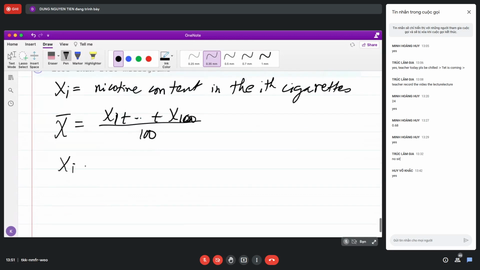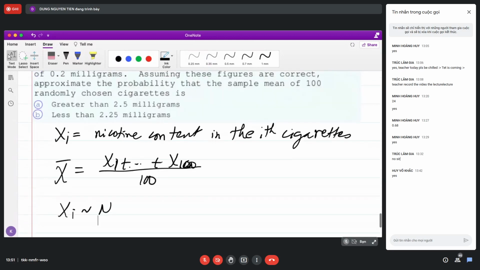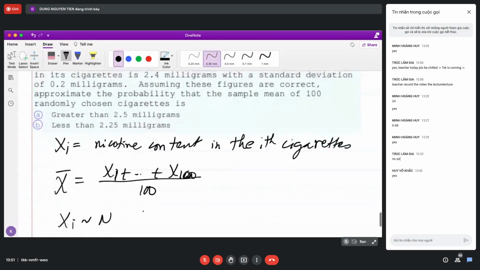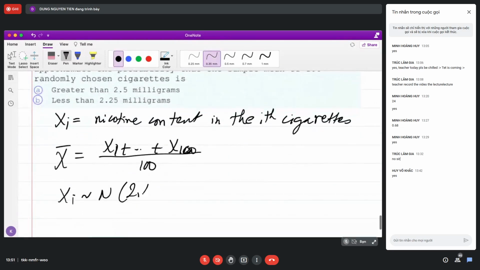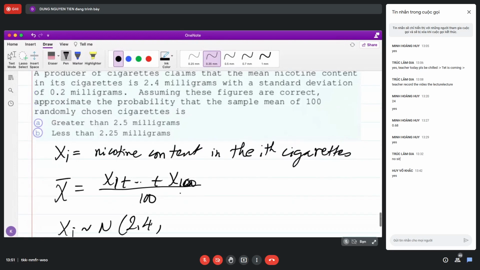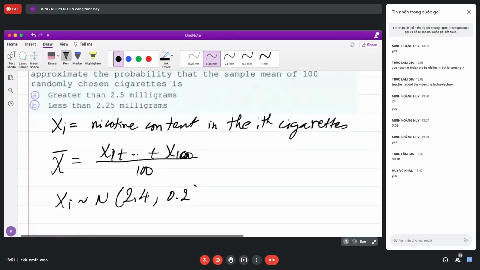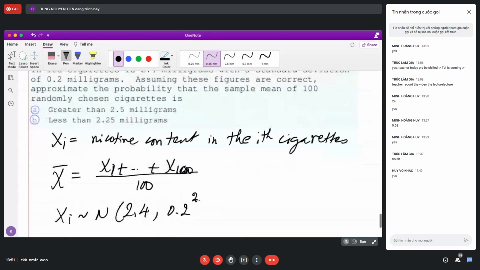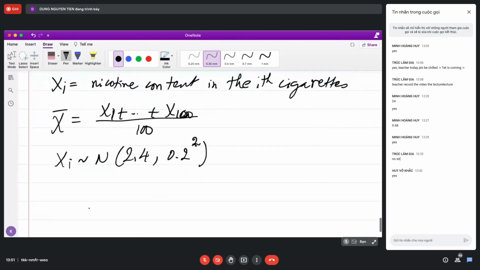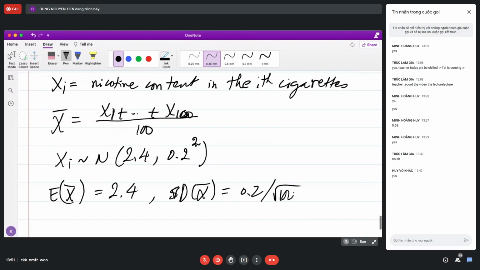If xi follows a normal distribution with mean 2.4 and variance 0.2 square, then you can see that the mean of x bar is 2.4, and the standard deviation of x bar is 0.2 over the square root of 100.